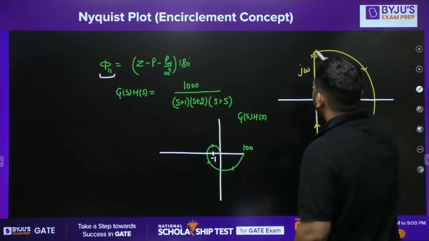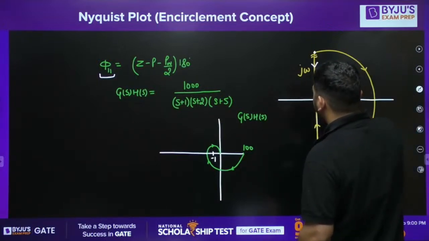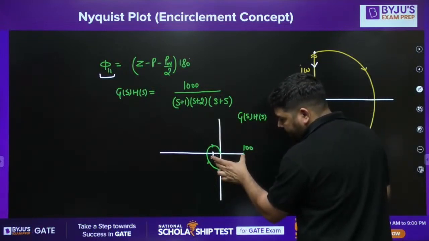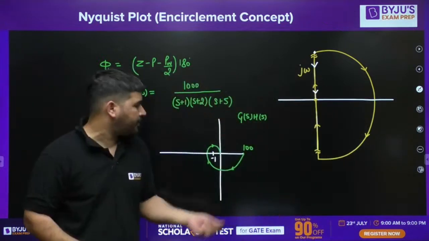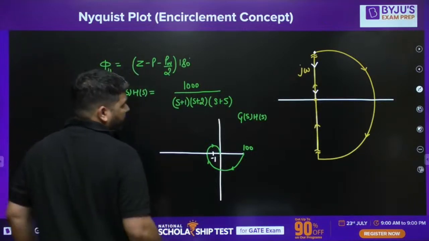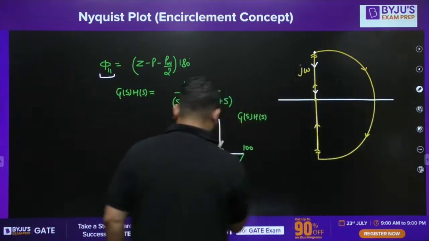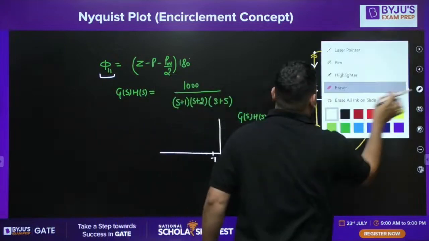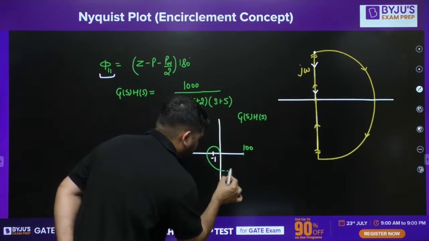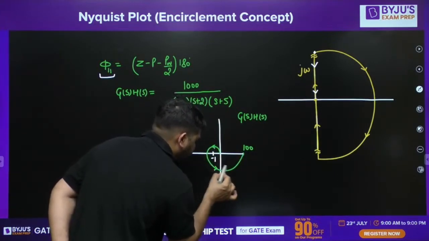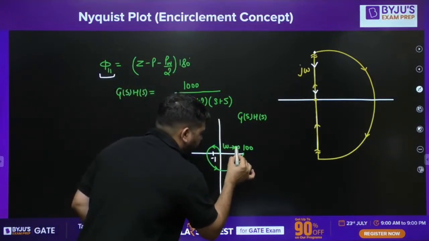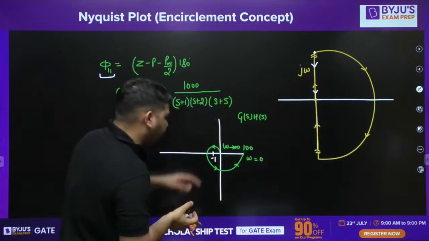If omega varies from infinity to 0, what is the net angle subtended with respect to -1? Here omega tends to infinity and here omega is equal to 0, so you have to move from infinity to 0.